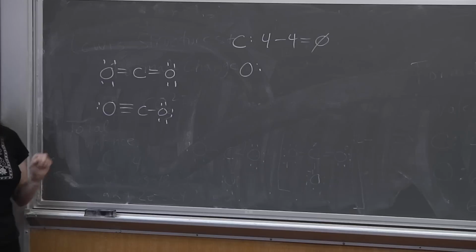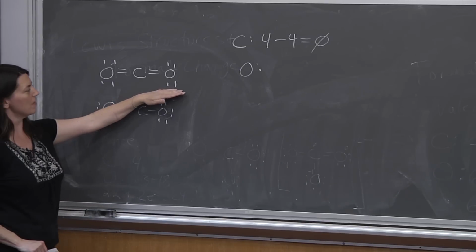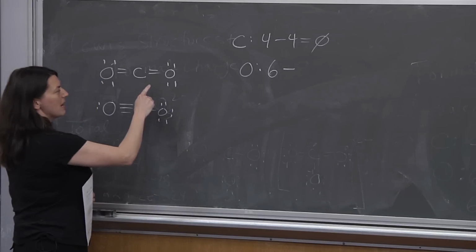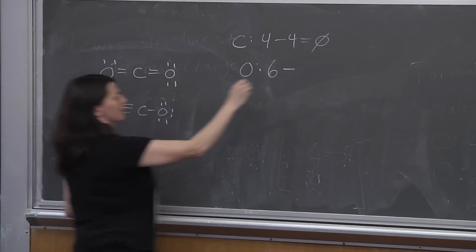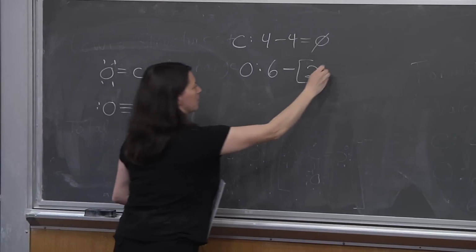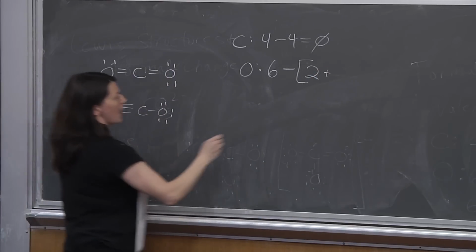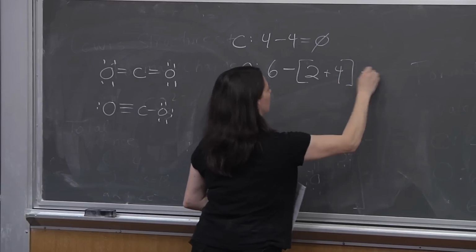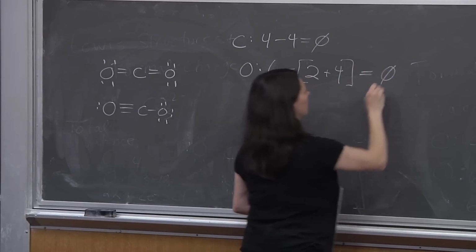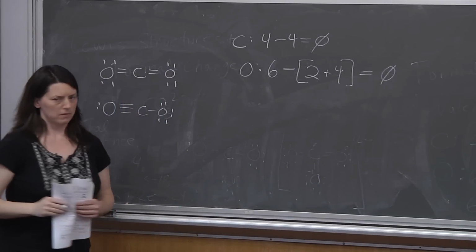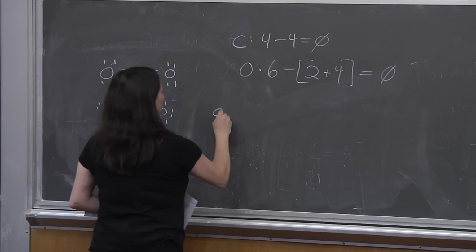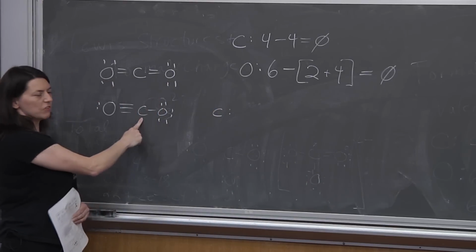They're both double bonded with 2 lone pairs. So what's the formal charge on this? Well, I have 6 valence electrons minus half of the bonding electrons. 4 bonding electrons, half of that is 2, plus the total number of non-bonding electrons. So 6 minus 2 plus 4 is 0, right? Okay. In this one, what's the formal charge on carbon?